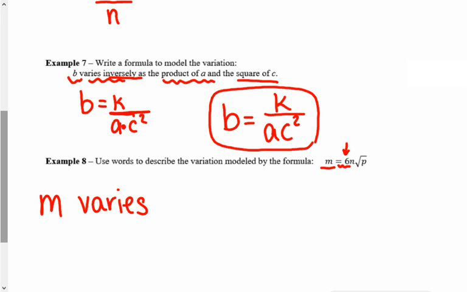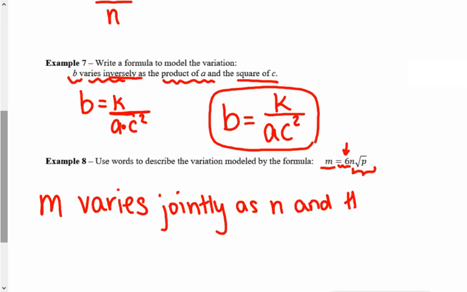So it varies. Now I have two things multiplied together, so that means it varies jointly as N and the square root of P. And that's it. We're just writing down the model.